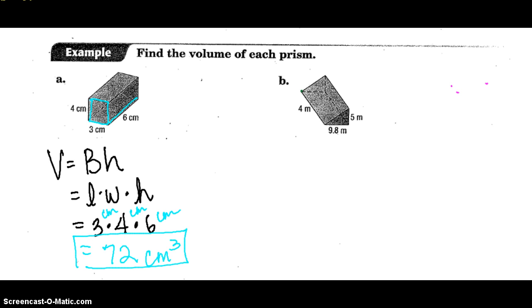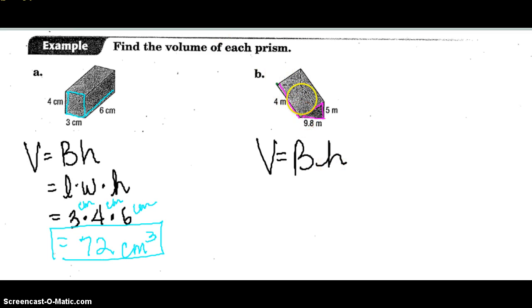All right, for example B, our base is not going to be a rectangle, so the cute little song we just learned will not work for example B. So that's why it's most important for you to remember the volume is the area of the base times the height. The height here is 4.